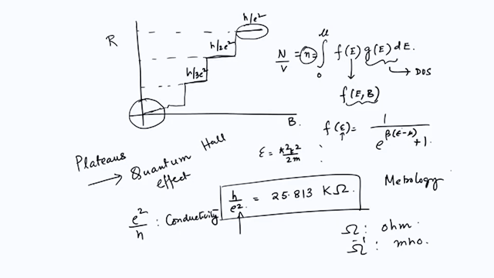That is called the Hall voltage. So the formalism doesn't change and the system remains the same, except that we are talking about a different resistance and a different resistivity of the material, and the property very convincingly shows us the resistivity to be a universal constant. 25.813 kilo ohm corresponds to the value h over e squared, which are known to be purely quantum mechanical quantities.